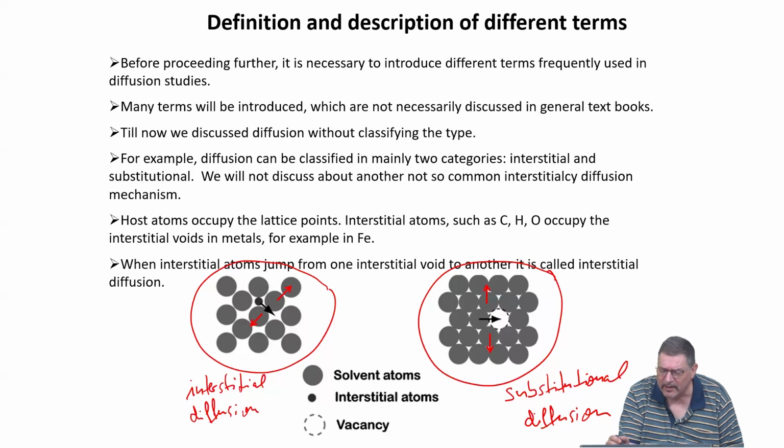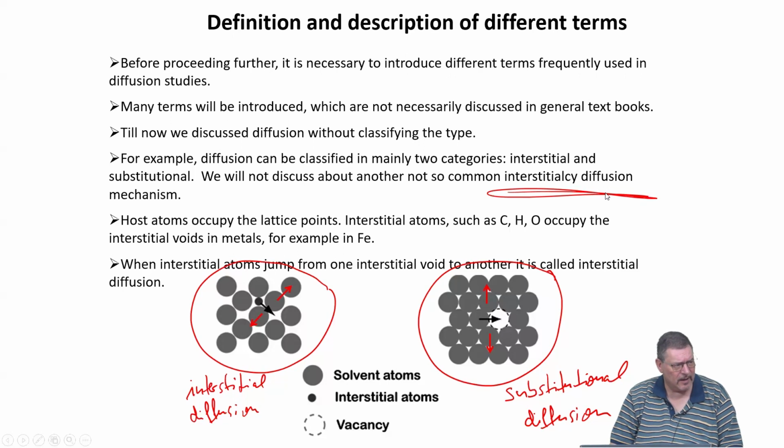There is one additional one, interstitialcy diffusion. This is basically describing diffusion when an interstitial atom and a vacancy have such a strong bonding that they basically diffuse together. So the probability of them doing coordinated jumps is high.